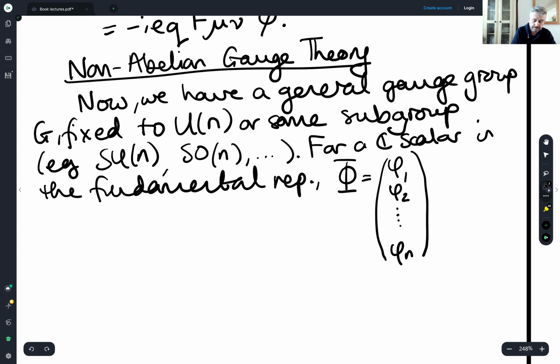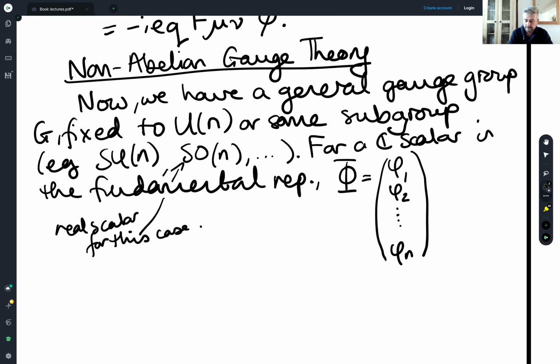So for SU(N) and SO(N), of course, well, all right. So it's a complex scalar in the SU(N) case. It's a real scalar in the SO(N) case. These details don't matter so much. So each one of these φ_n's is a complex scalar field in the SU(N) case.